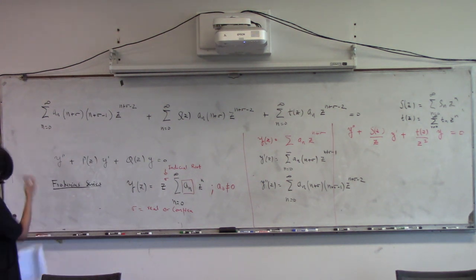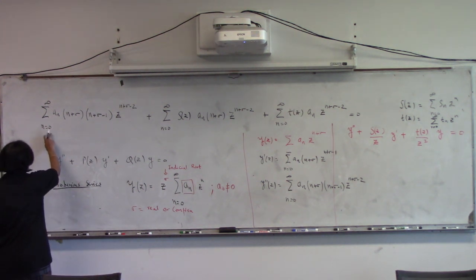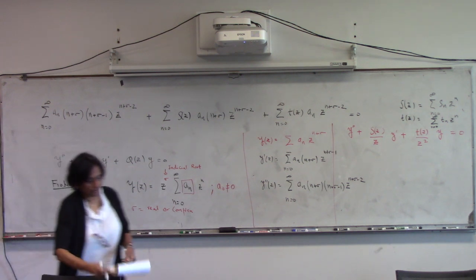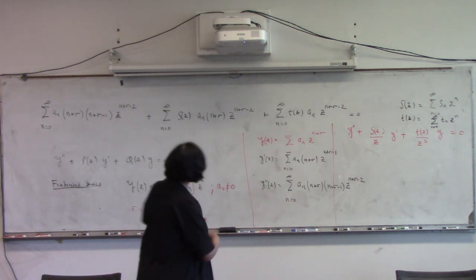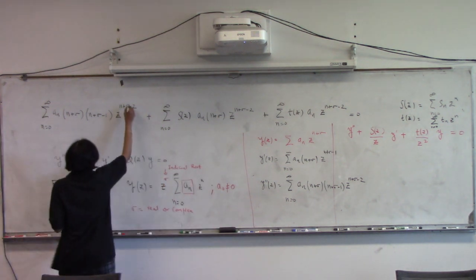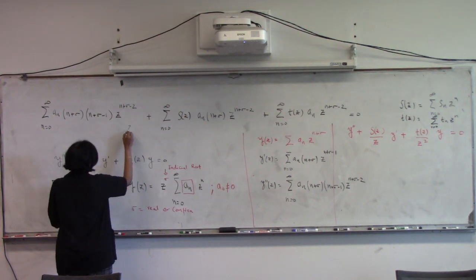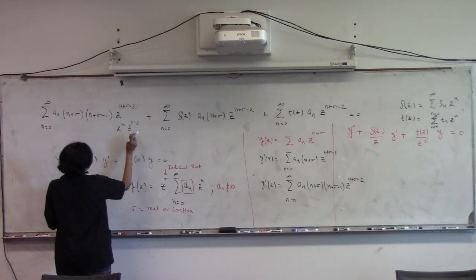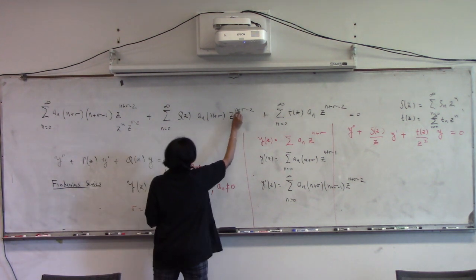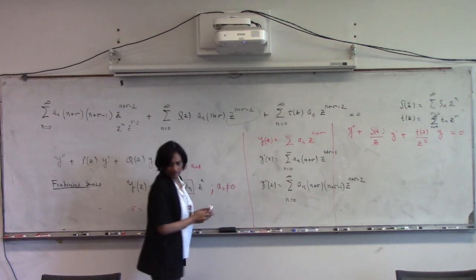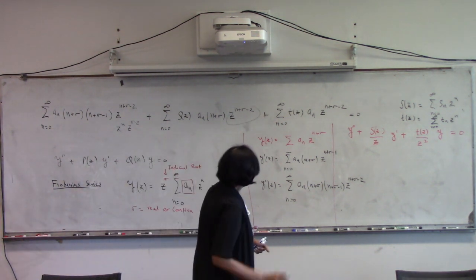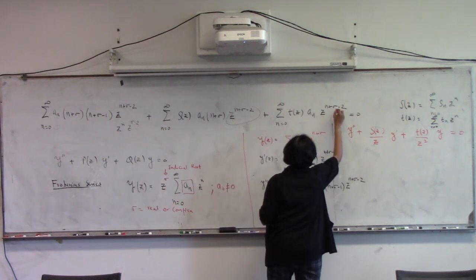All right. The summation is over n equal to 0. So in principle, this is nothing but z to the power of n times z to the power of sigma minus 2, right? So I can factorize z to the power of sigma minus 2 in all of them, and factor that out.